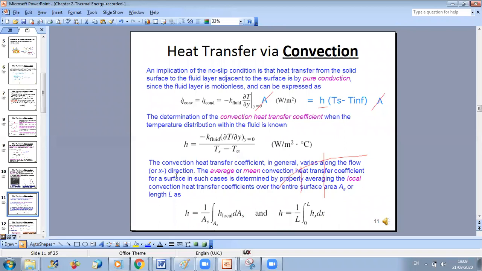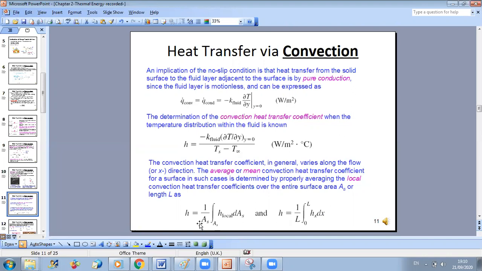Now, in case you want to have an average value of convection, you can calculate it, okay? So, like any averaging technique, if you know h at local level, at each location you know what is h, and you want to find the mean value of h, you can do the weighted average formula, which consists of doing the integral of h local at each area dAs over the total area As.